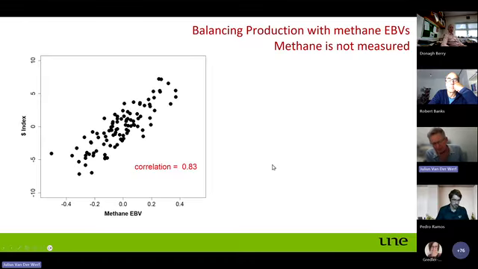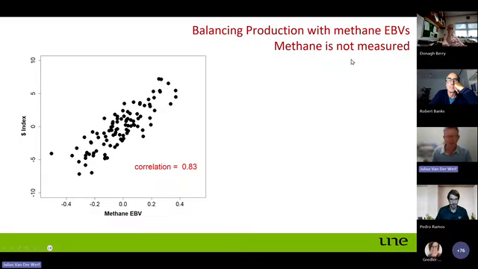So basically, if you have a population of breeding animals and you want to select from them, they all usually have a dollar index, which is basically the sum of all the traits related to productivity. So there's a current index, and then in addition, you can have a methane EBV. And typically what you are likely to see is that there will be a correlation between the two.